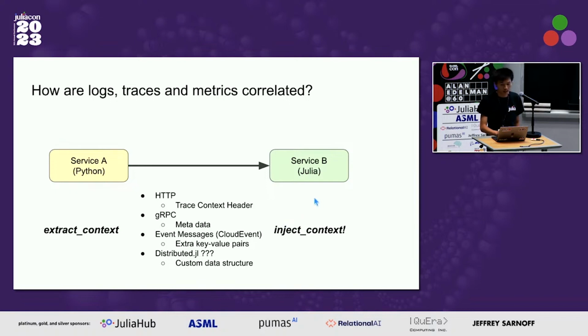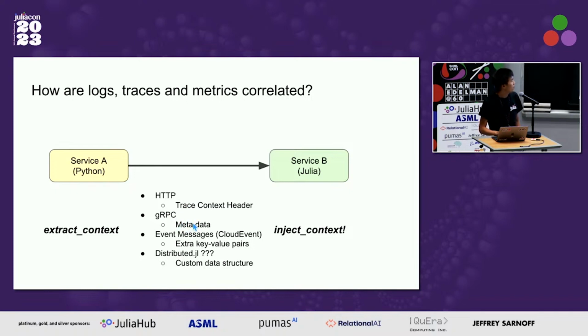into the current task. For HTTP, we can pass the trace context information through the specific trace context header. And if we are using gRPC, we can put the context info through the metadata.